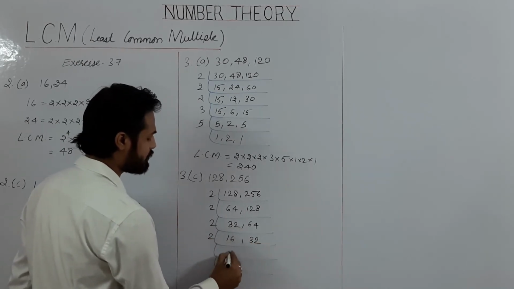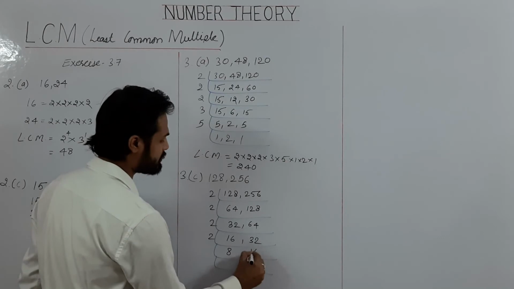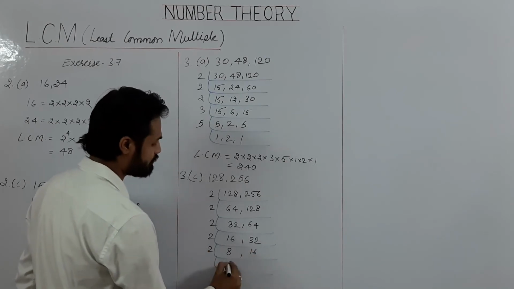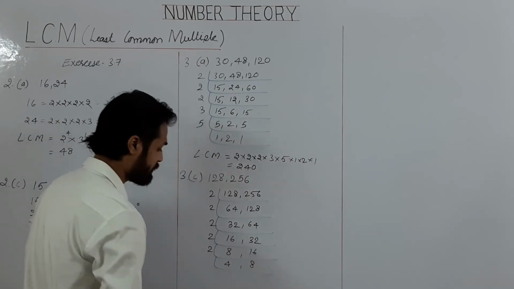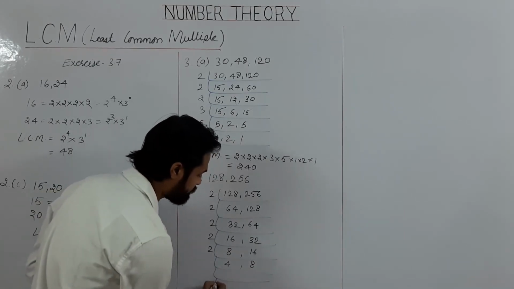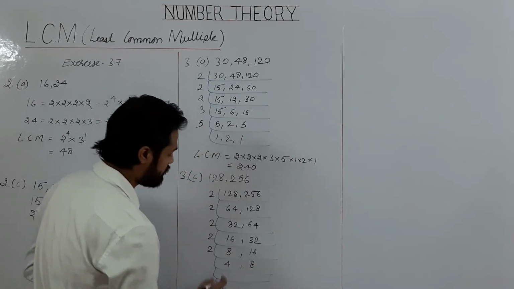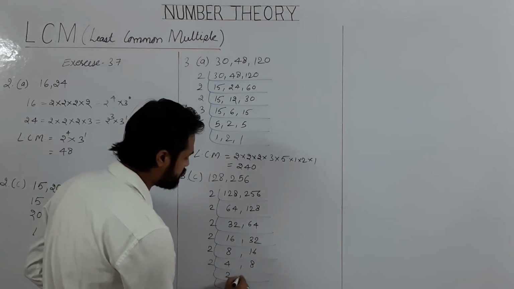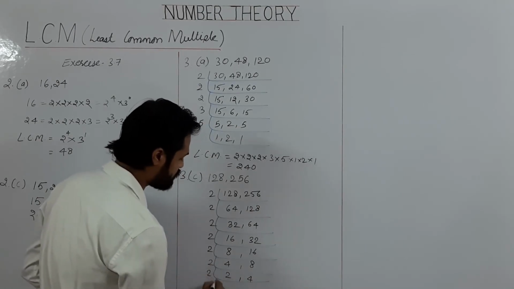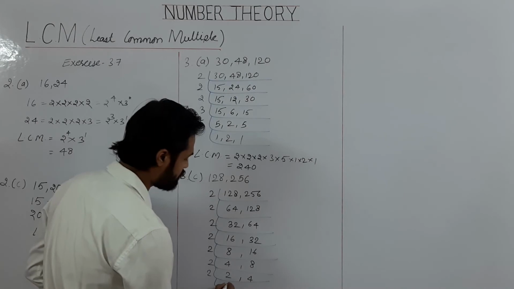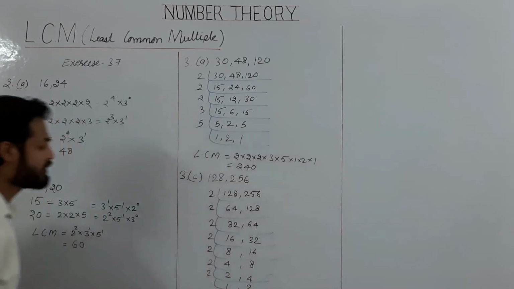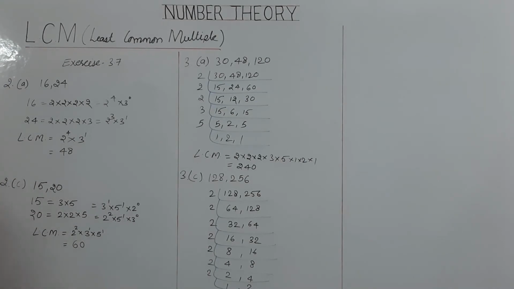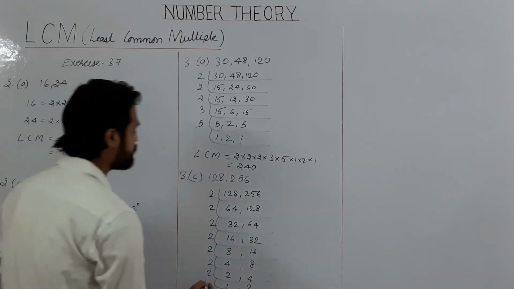Again 2, 8 and 16. Again 2, 4 and 8. Again 2, 2 and 4, then 1 and 2. Okay, so at least you have to take 2. So this is my last step.